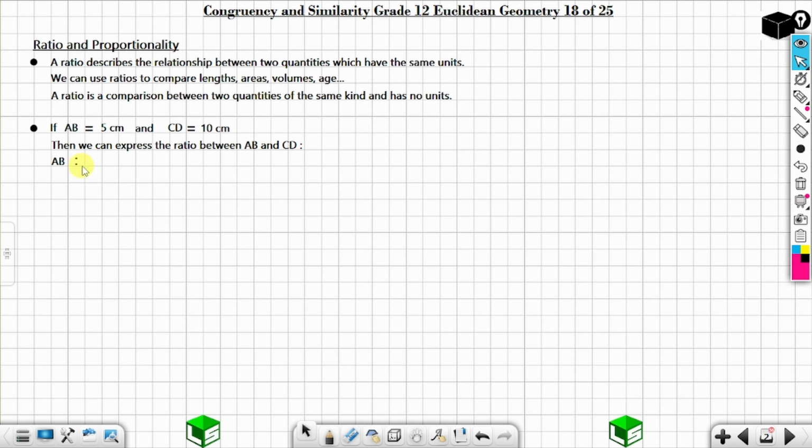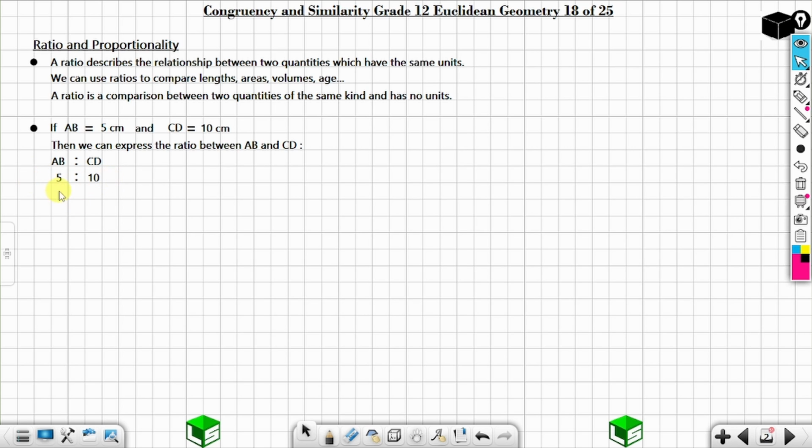AB and CD. So AB is 5 centimeters, you are going to write 5, and CD is 10 centimeters, you are going to write 10. So a ratio has got no units. Okay, you have 5 is to 10.